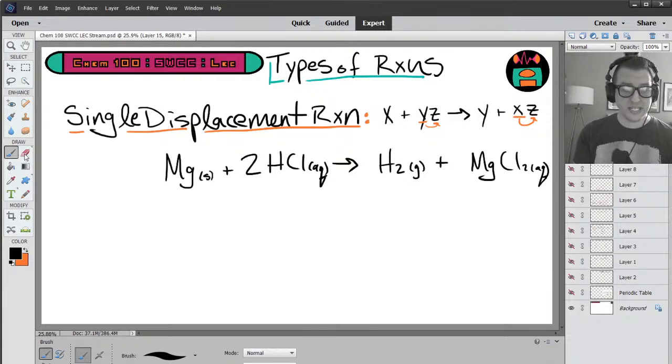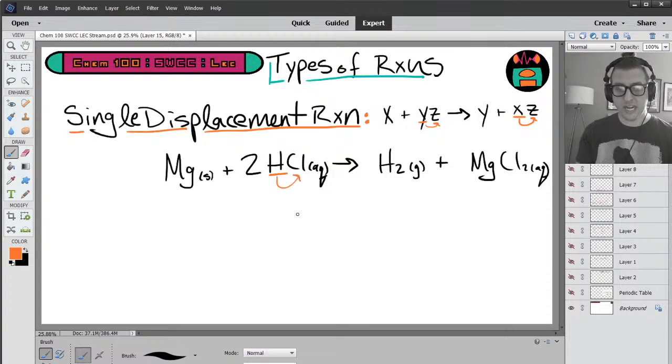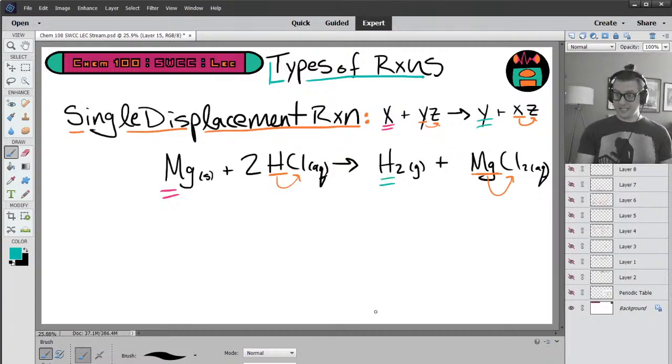On the reactant side, hydrogen starts out paired with chlorine, and on the product side, magnesium is the one paired with chlorine. So magnesium is our initial X, and hydrogen is our Y, because magnesium starts free and ends up paired with chlorine, and hydrogen starts paired with chloride and ends up free floating after the reaction is over. So that is a single displacement reaction.